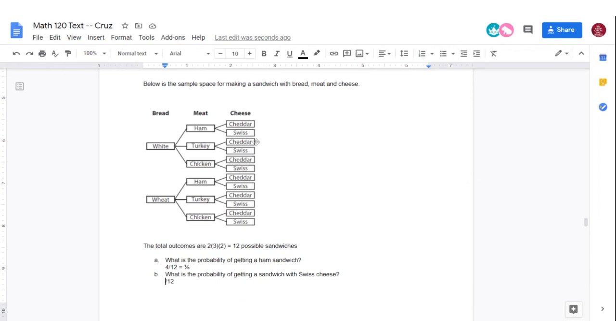Anybody else concur with that? I concur. And 6 out of 12 reduces to 1/2. Yeah, so there's 1, 2, 3, 4, 5, 6.